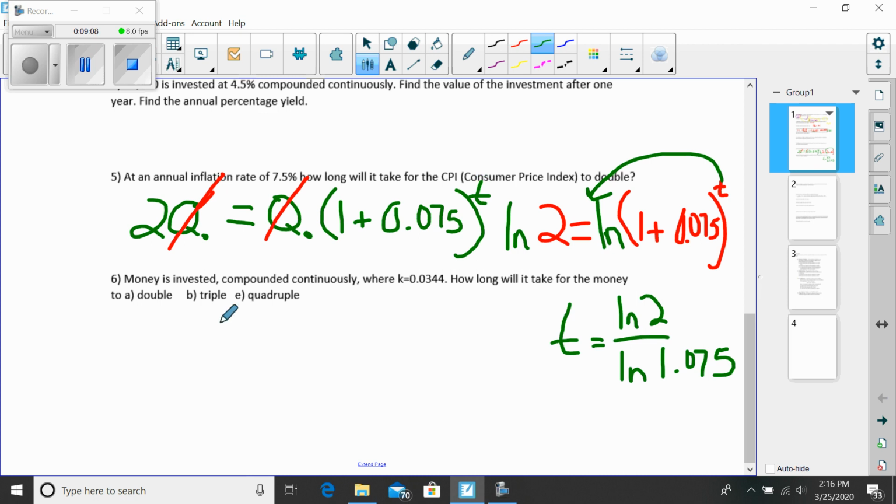But luckily, number six is very similar to number 5, except you're going to be compounding continuously. So with the other formula, we've already worked on taking the natural log of both sides, and there are no additional laws that need to be used. It doesn't tell you how much money is invested, but remember, that doesn't matter.